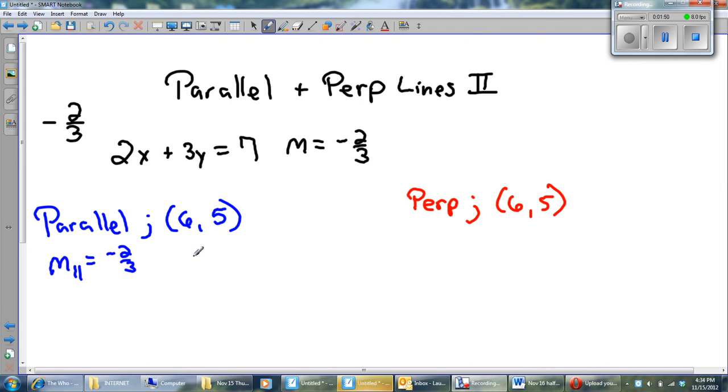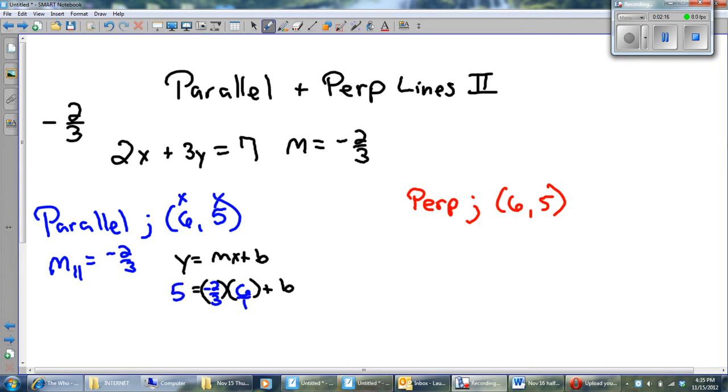I'm going to use the equation y equals mx plus b, and I'm going to substitute in values for x, y, and m. Well, you already know that m is negative 2/3. X is right here, 6, and y is right there, 5.